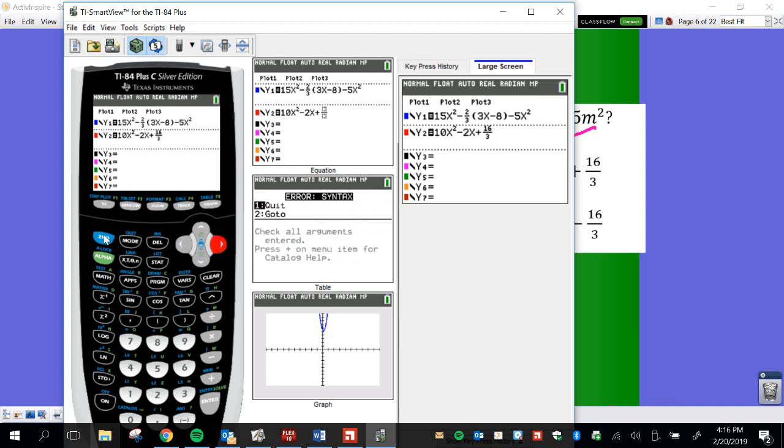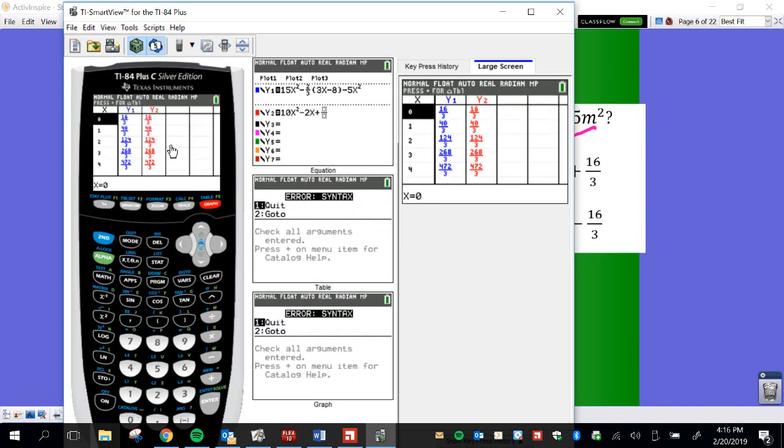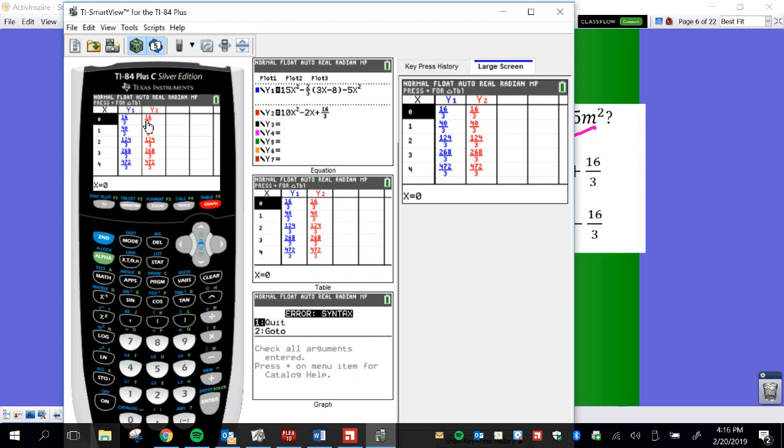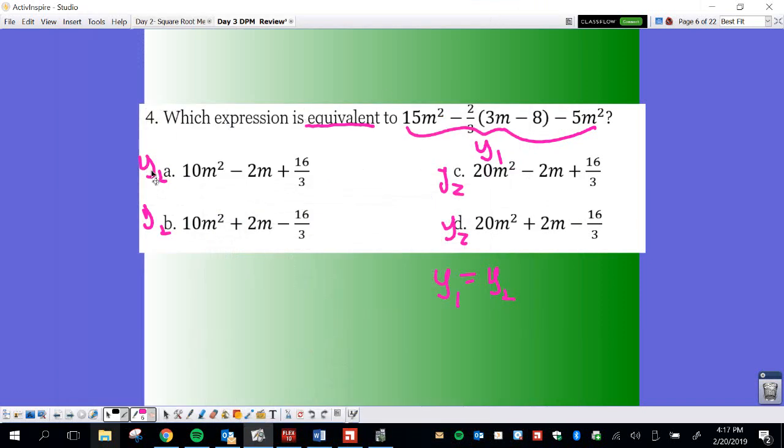Now I'm going to go to my table and see if they match up. And what do I see? They do. You can see y1 equals y2, all the way down. So my expression is equivalent to the first option right here, which is A.